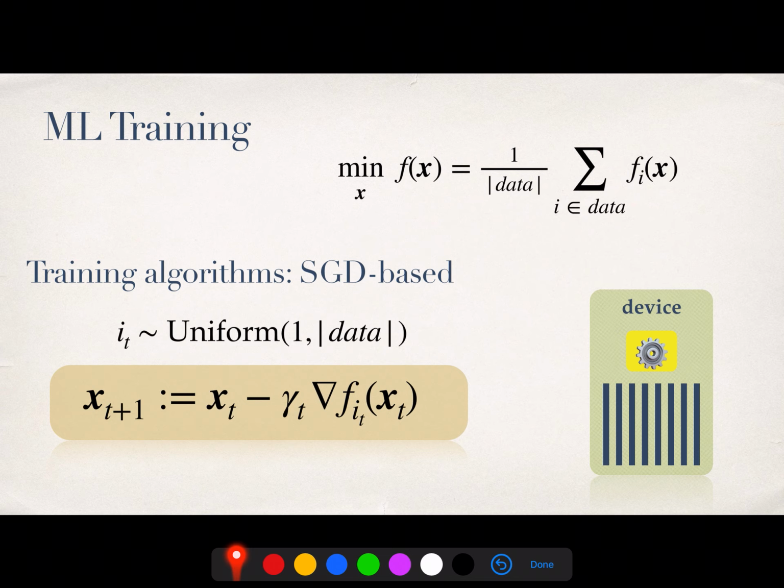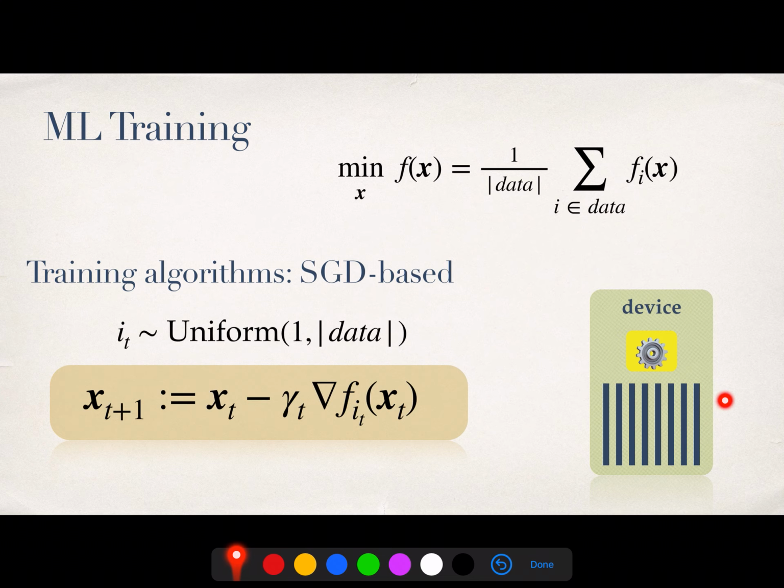So we just have a sum structured objective, basically. It doesn't matter if this is data or not, but in the machine learning context, the sum comes from the data. Every data point has its own loss. You want to minimize the average loss. This is your training objective.